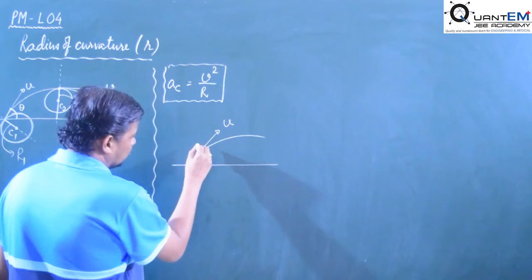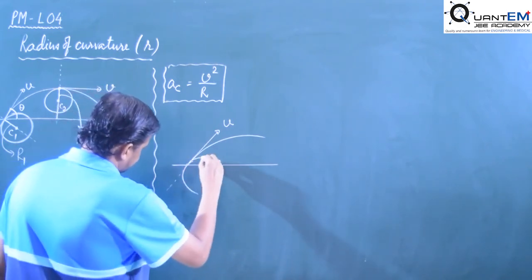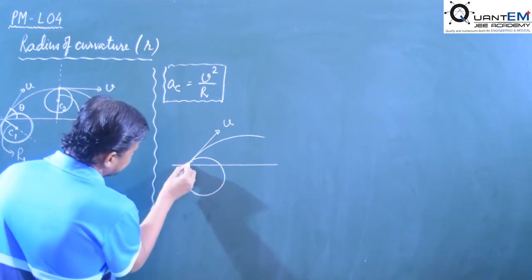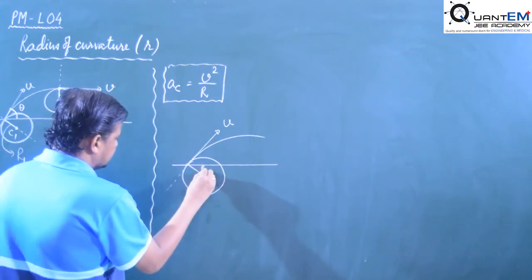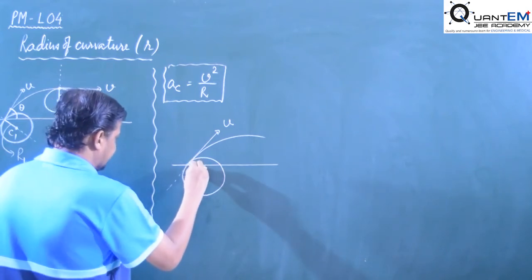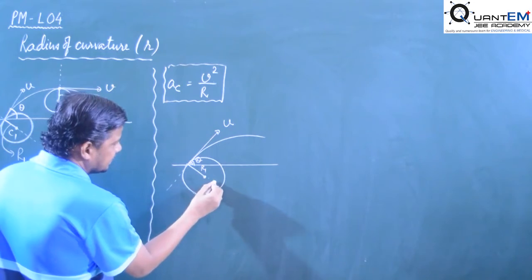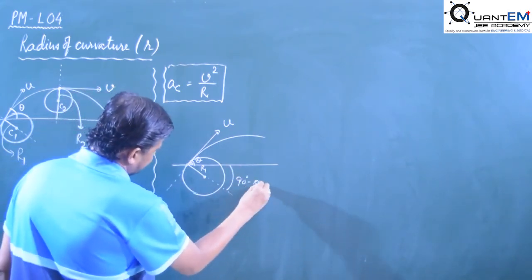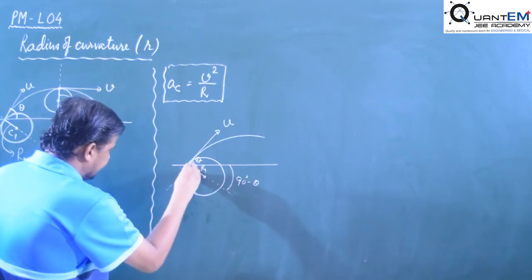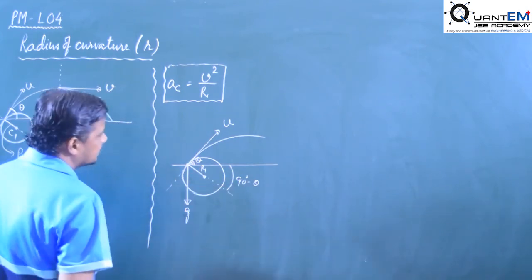Here the speed is u at the time of projection, and this one is the radius of curvature, r1. This angle we have as theta. If this angle is theta, then this remaining angle is 90 minus theta. Gravity is directed along this line.